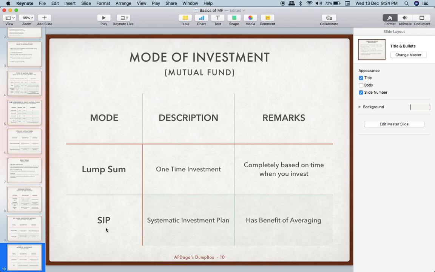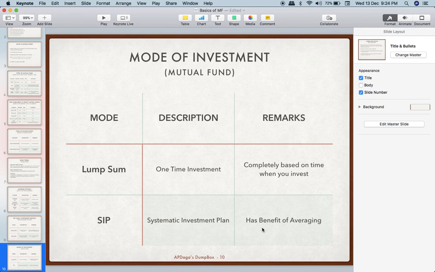It is like your EMI. Each month some amount gets debited from your bank account, and mutual funds of that amount get bought in your Demat account or whatever mutual fund account you have, automatically. It is an automated process. There are many benefits of SIP.